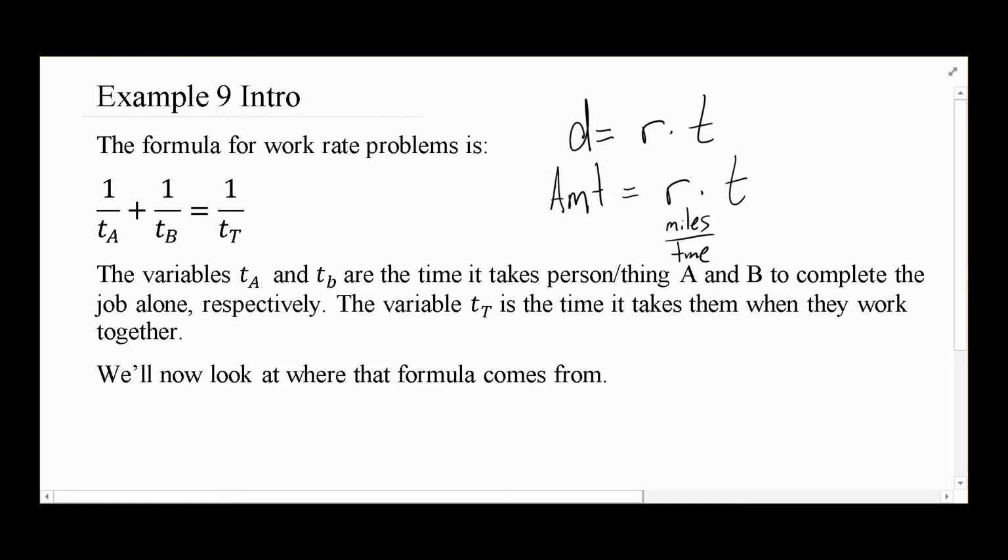So actually, to make it more generic, I would probably call this amount per unit of time, so miles per hour, feet per second, something like that. Well, if you're multiplying that by the time, the time divides out and you're left with amount. So hopefully it's clear that a nice generic formula is amount equals rate times time.